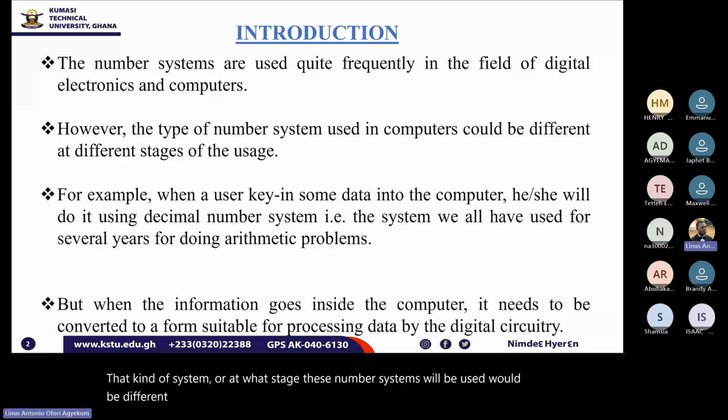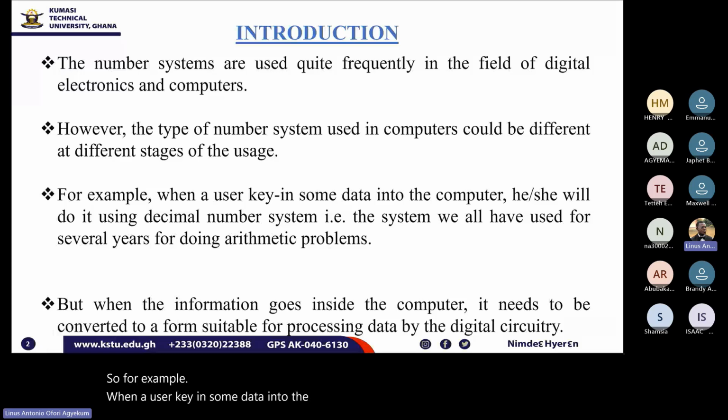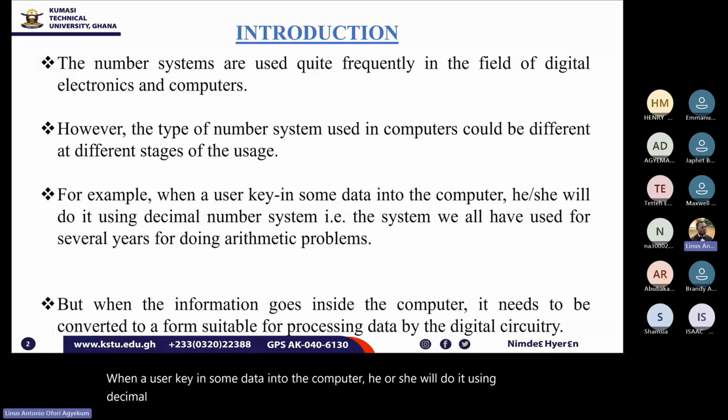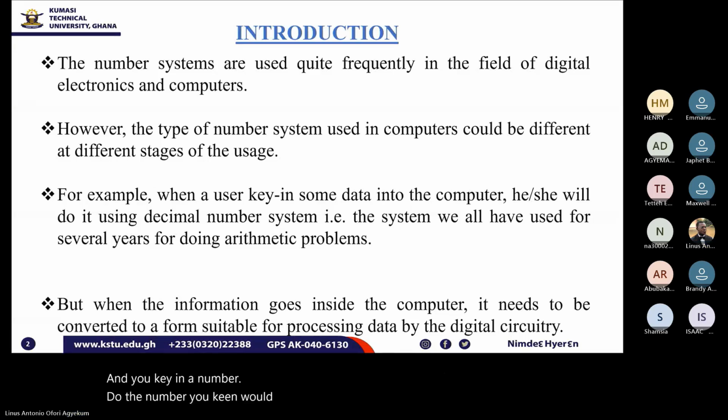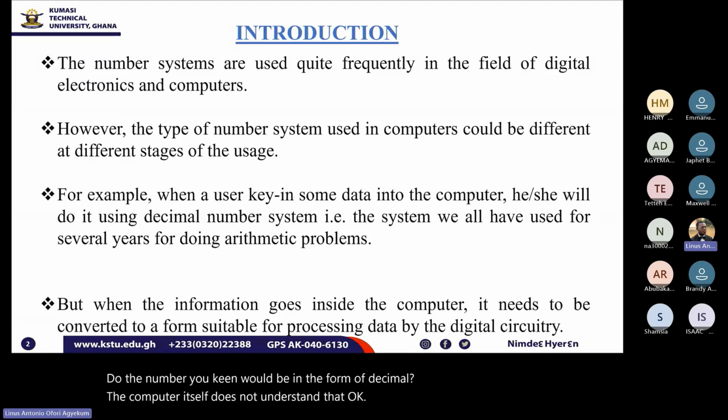So, for example, when a user keys some data into the computer, he or she will do it using decimal numbers. That is, if you take the computer keyboard, for instance, and you key in a number, though the number you would key in would be in the form of decimals, the computer itself does not understand that, okay? So it will have to be converted to a different number system that the computer hardware understands, okay?